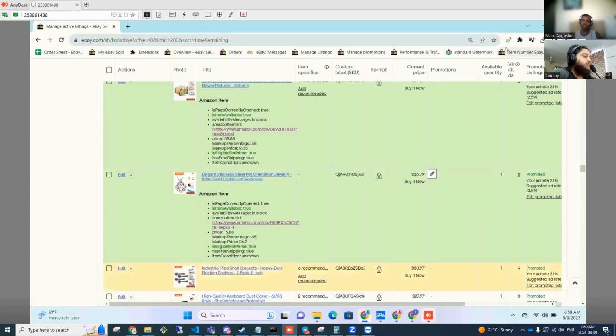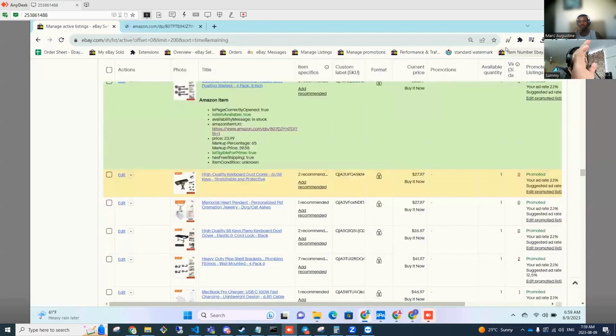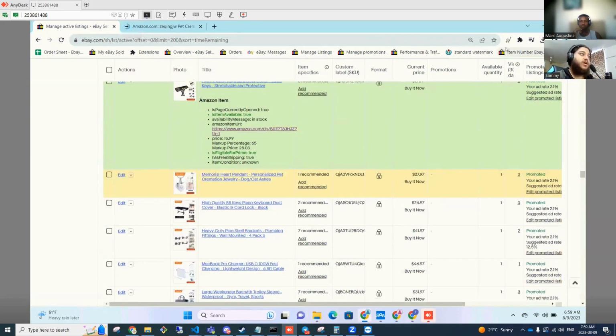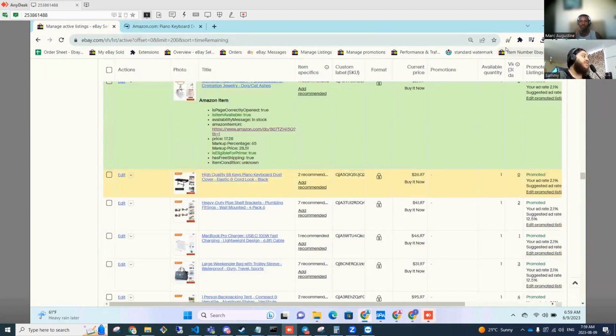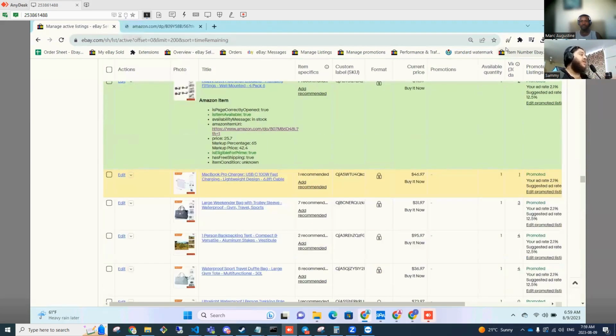Would you suggest that the tracker stays open on a separate tab? 100%. Actually, I don't open the tracker on this browser. I open up a separate browser. For the entire tutorial, if you're going to install the tracker, I would recommend you watch the tutorial on Ecom Sniper, because over there we show how to install a separate browser that's not going to bother you while you're using the tracker.